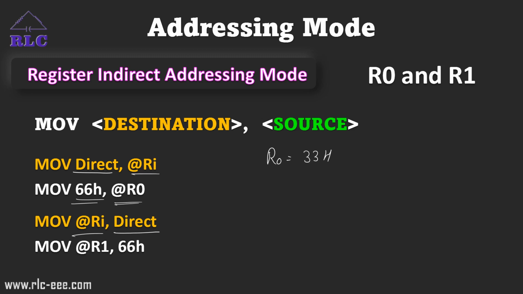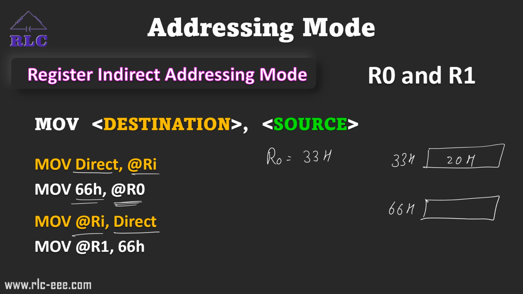Then the memory location 33H has 20H data, and we have 66H where we need to send the data from the pointer of the register R0.